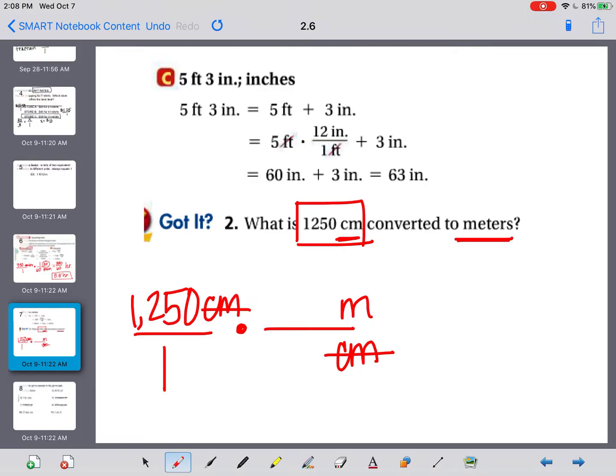Then I'm going to look at my conversion chart and figure out how meters and centimeters are related. If you're not sure, I don't know if you learned this in 7th grade, but there's this saying: kangaroos hop down under drinking chocolate milk.